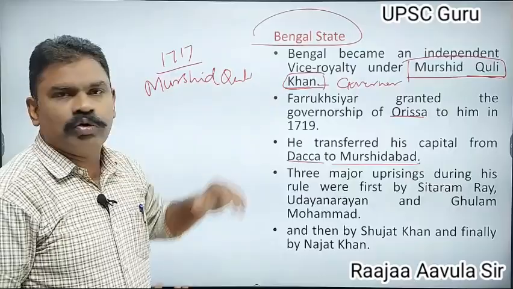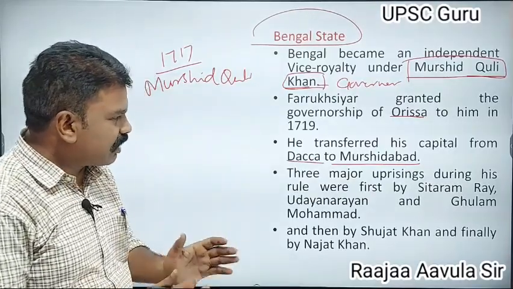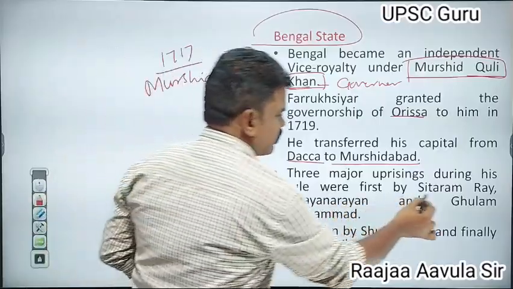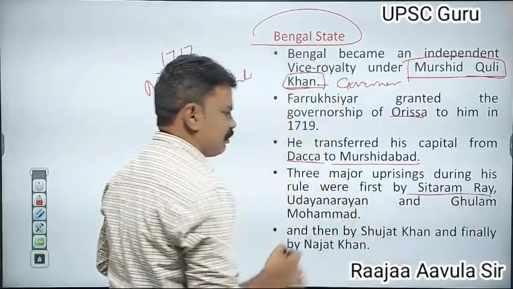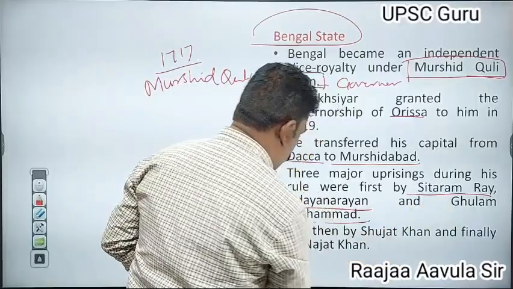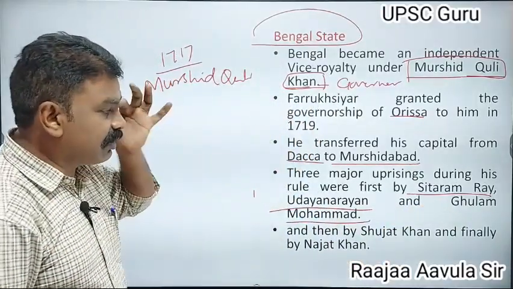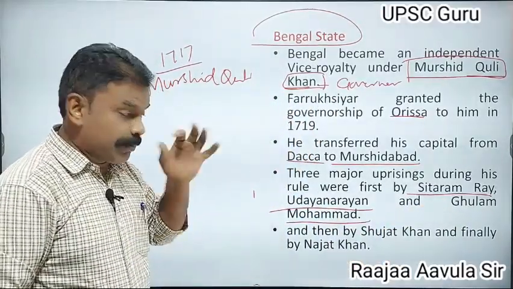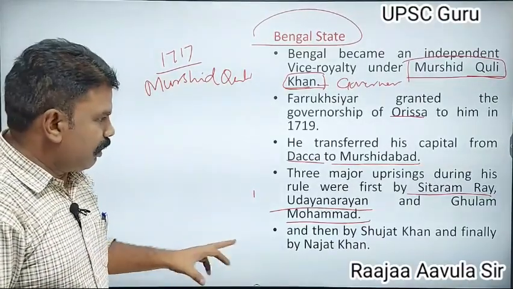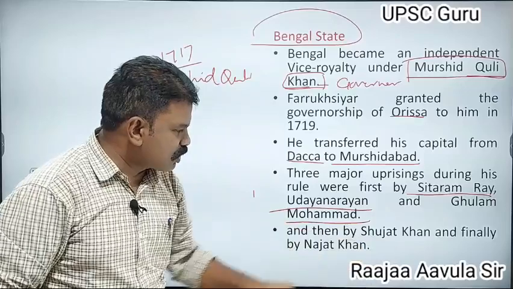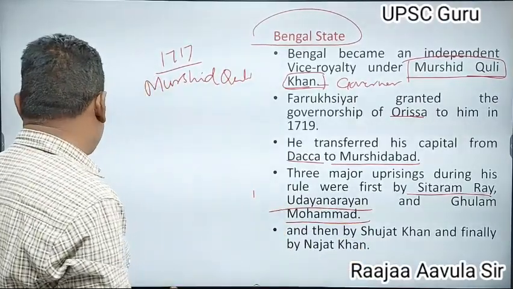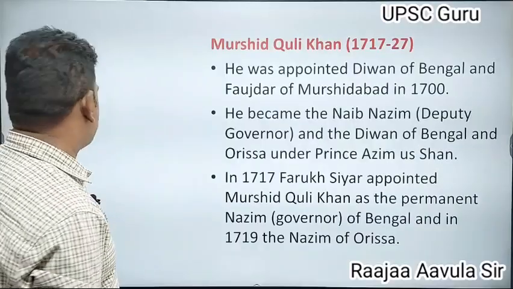Whenever he declared independence, there were three major uprisings during his period. First by Sitaram Rai, next by Udayanarayan and Ghulam Manohar. All three were finally suppressed by Murshid Quli Khan. Later, Shuja Khan also revolted against the Nawab, and he was also suppressed by Murshid Quli Khan.